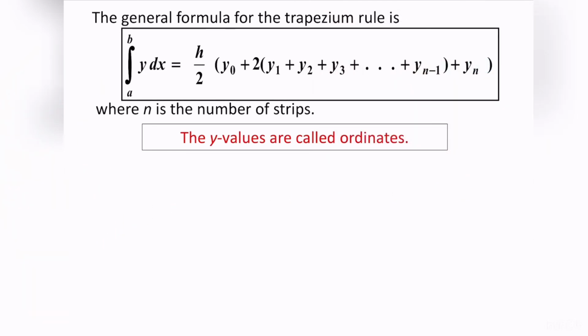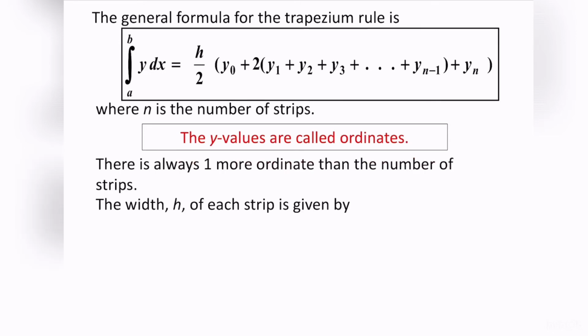So now, right? There is always one more ordinate, which means one more y value than the number of strips. So if the question is saying 5 strips, that means you will have y values starting from y0, yeah, so it's y0, y1, y2, y3, y4, and y5.